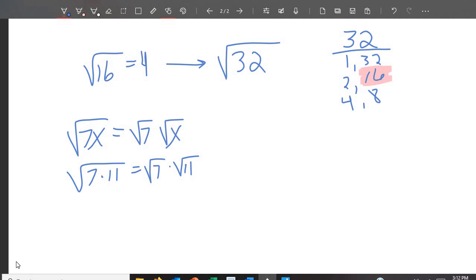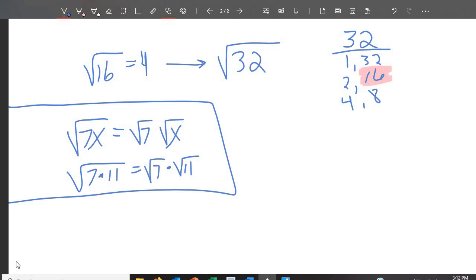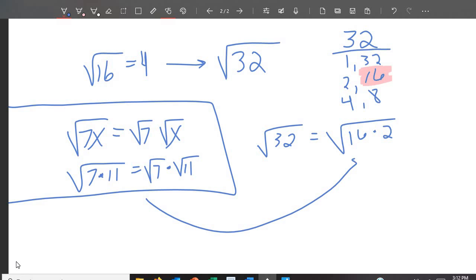So as long as we're multiplying, I can do this. Now, it doesn't work for adding and subtracting. It only works for multiplying and dividing. But saying that, I can take the square root of 32 and break it into 16 and 2, just like I did with these previous problems. So we're taking this rule and applying it right here.